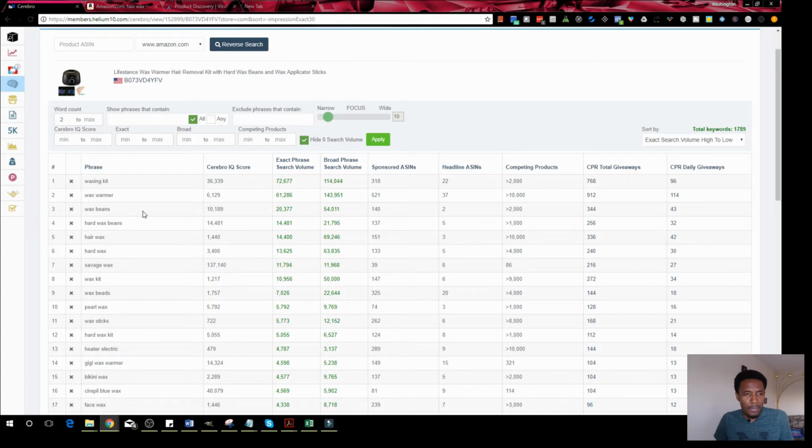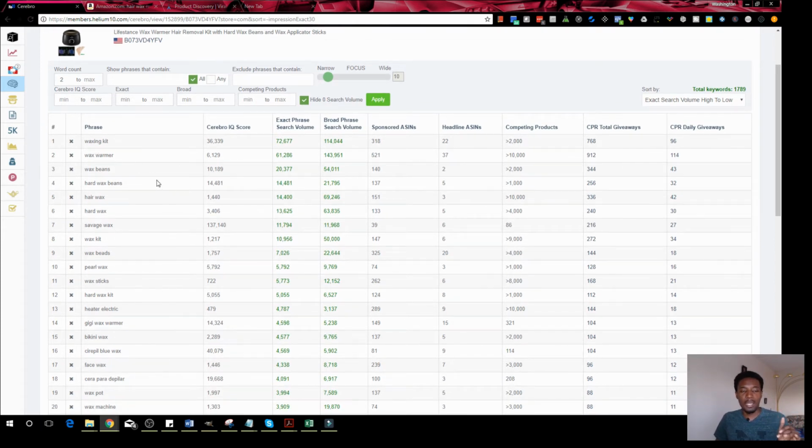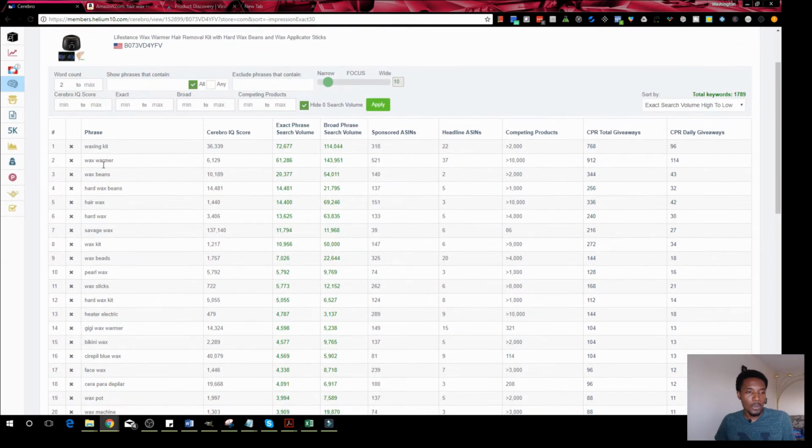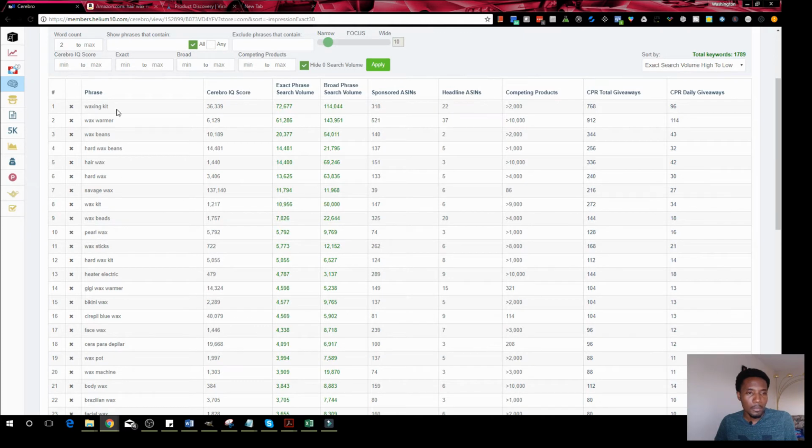So once I search by exact phrase search volume, I have, in order of search volume, the keywords that I can potentially go after once I launch my product, or if it's an existing product already, keywords that I can add to my chest of words. So we see here waxing kit, wax warmer, wax beans, hard wax beans, hair wax. So all of these things.